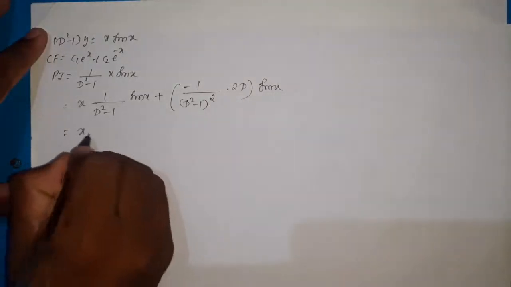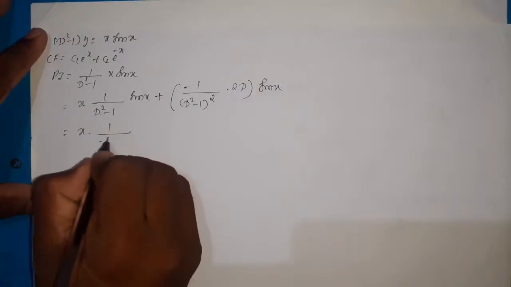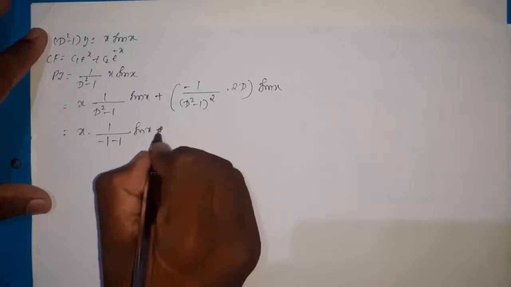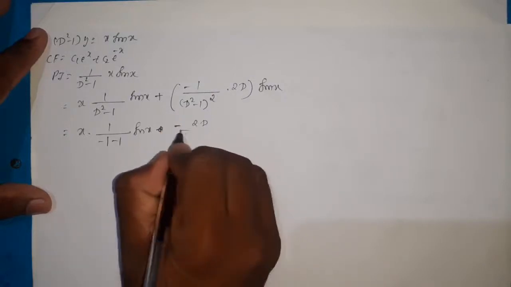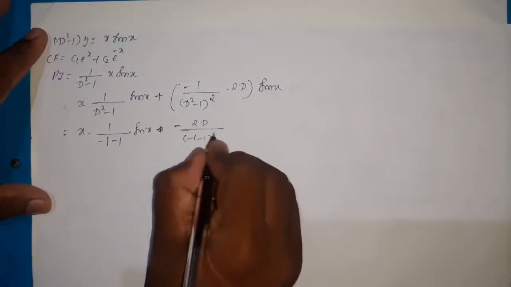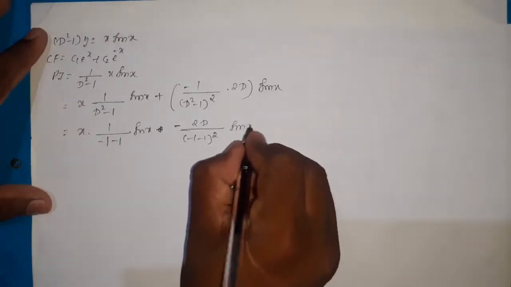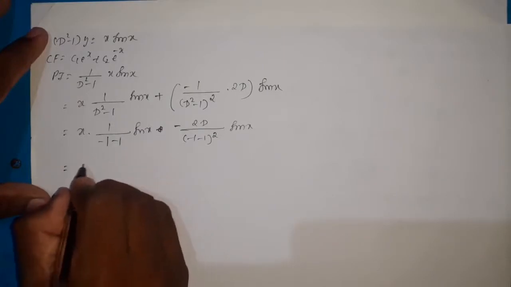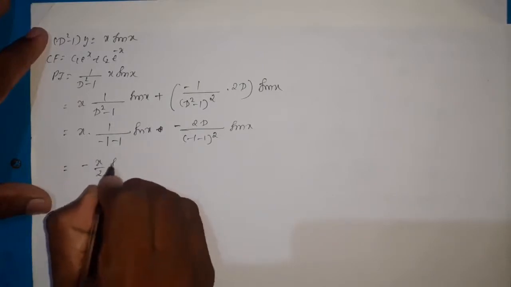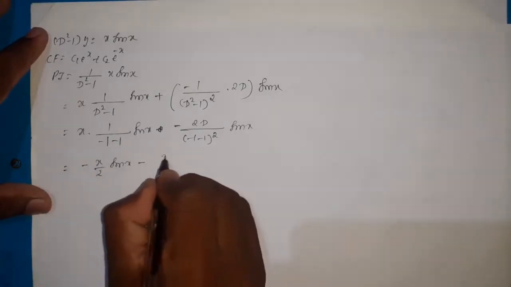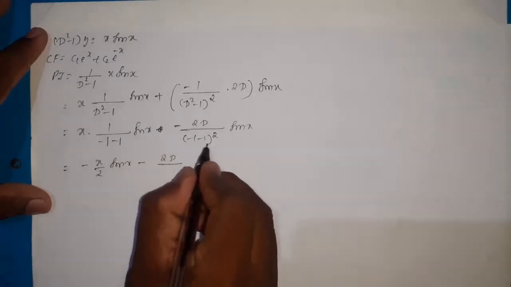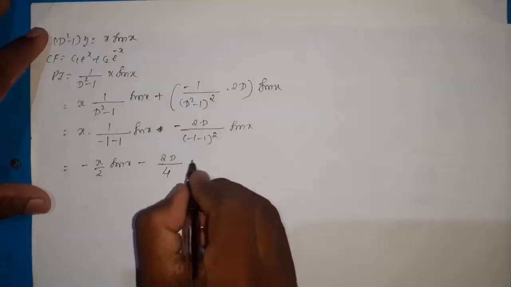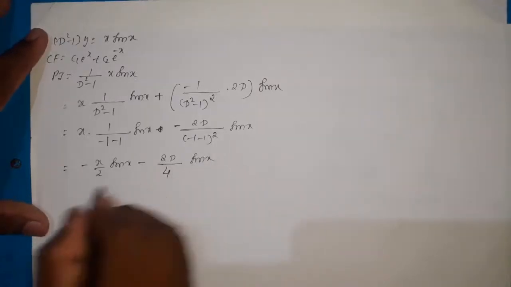Then this is x into, D square is minus 1, sin x, and here it is minus 2D divided by minus 1 whole square sin x. Then minus 2, right? So therefore minus x by 2 sin x minus 2D divided by minus 1 whole square, that is 4, sin x.